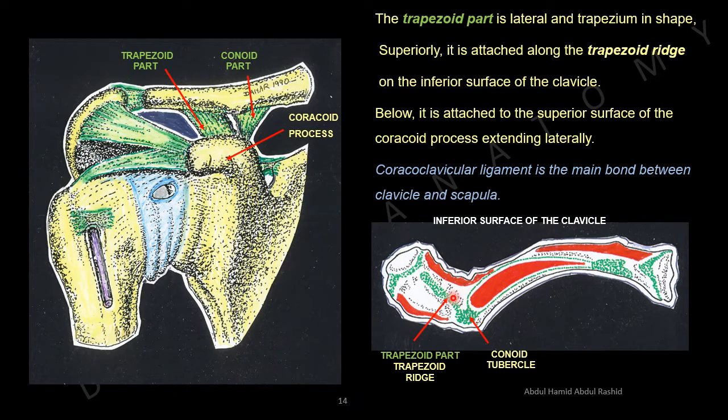We have already stated earlier. Below, this trapezoid part is attached to the superior surface of the coracoid process, extending laterally.